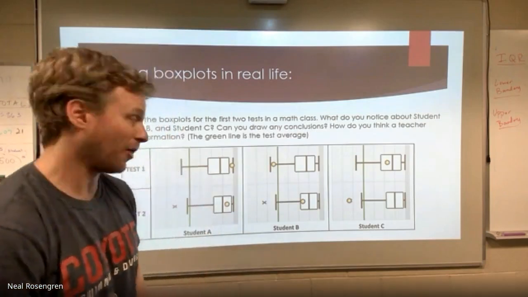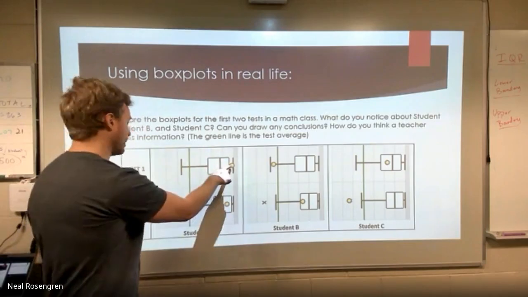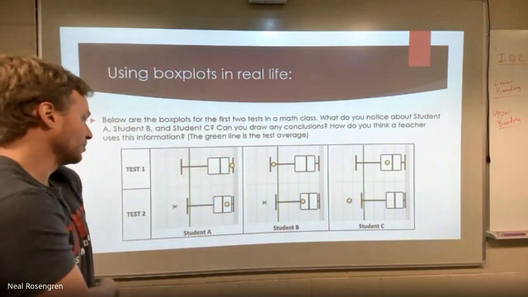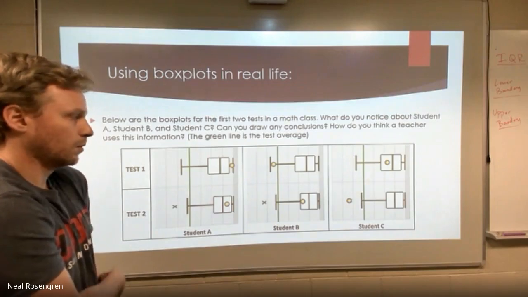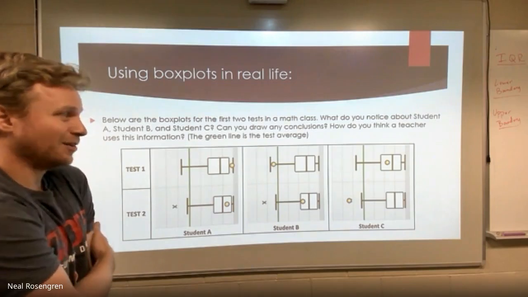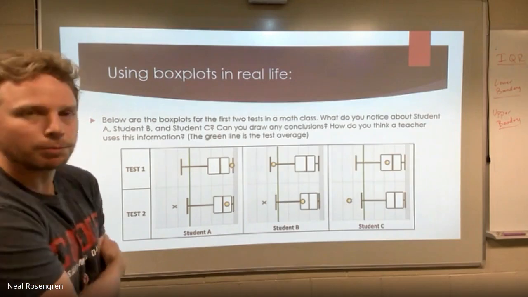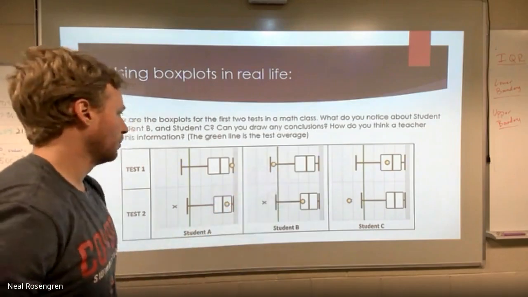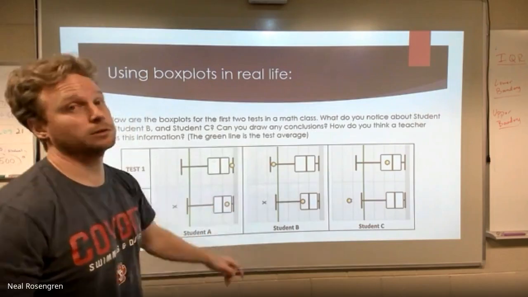I think they did very well on both, but they got almost the maximum, if not the highest grade, on that first test. They definitely did the best overall. Student A probably outperformed student B and student C overall because of how close to the end their point was.